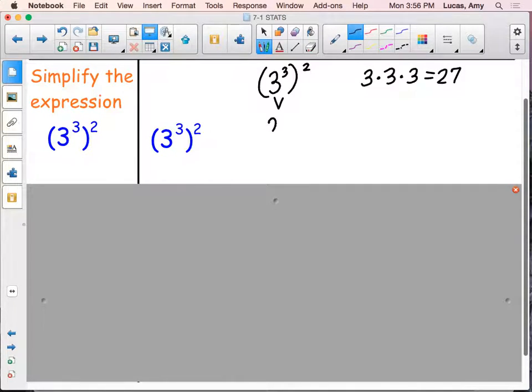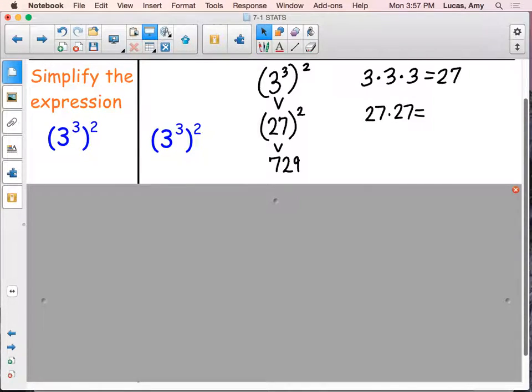So you could do 27 and then bring down the second power. So then it's 27 to the second power, or 27 times 27. So that would be 729. So that's one way that you could solve this problem.